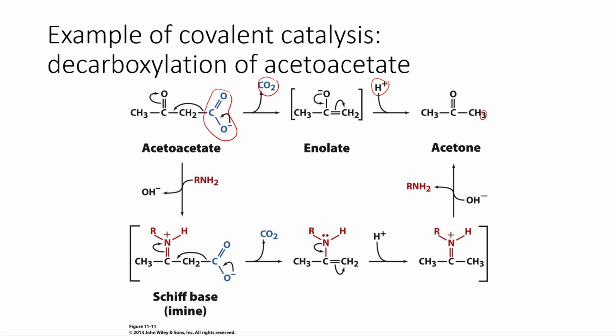So if you have an enzyme that has an amino group that's able to interact with the substrate, it can bond to make a Schiff base where the carbonyl was, right? And because now we have a nitrogen here that is making 4 covalent bonds, it has a positive charge, right?